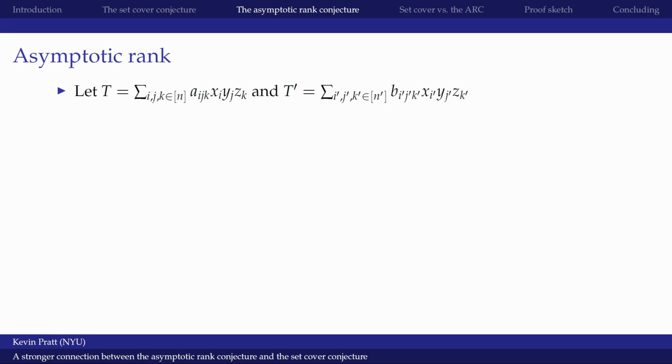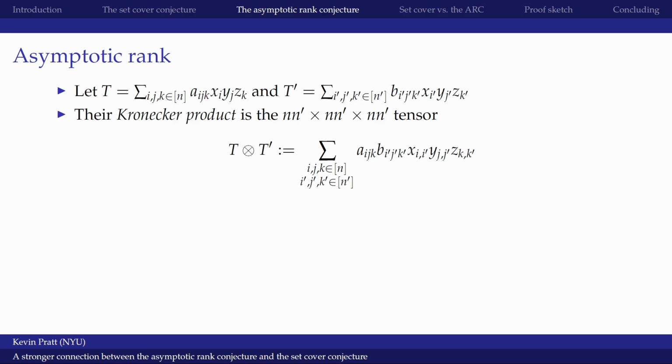So given an n by n by n tensor T and an n prime by n prime by n prime tensor T prime, we define their Kronecker product to be the n times n prime by n times n prime by n times n prime tensor that is obtained by replacing every entry in T by a copy of T prime that has been scaled by that entry.